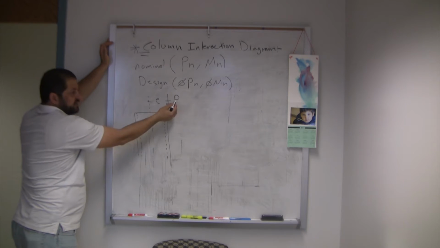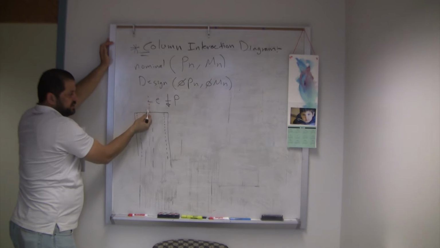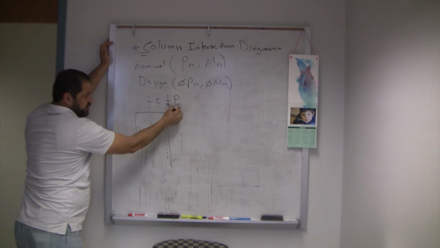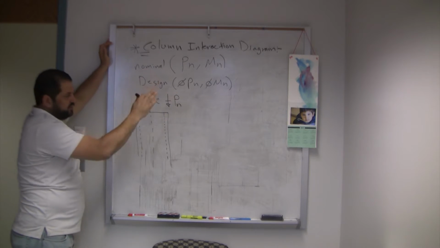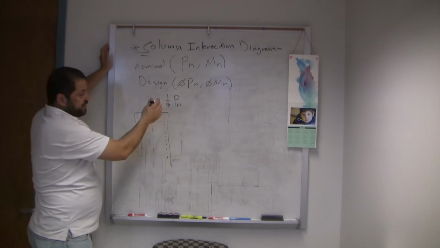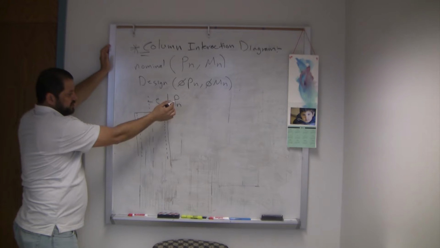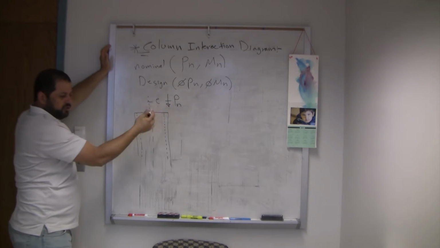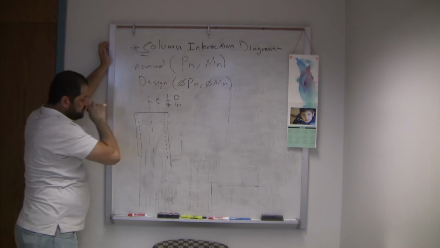This load can be replaced, by the way, by an axial load here and a bending moment, or it can be left this way. If you take a column to the lab and you load it till the column fails, this is the nominal axial load. And if you multiply that nominal axial load by e, that will give you the nominal Mn.